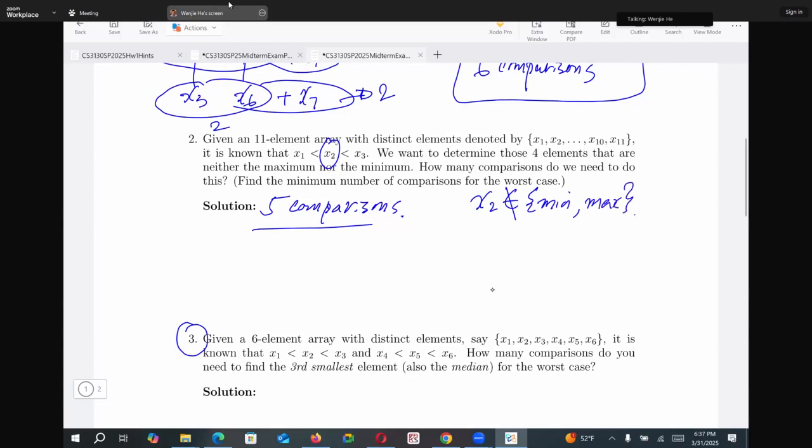X2 should be selected, so we just need 3 more elements not in the maximum or minimum group.